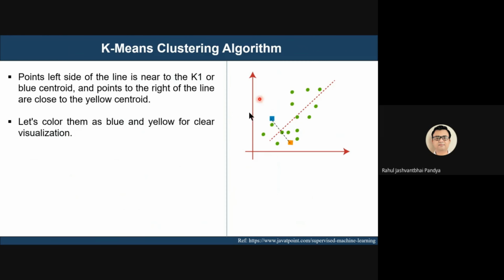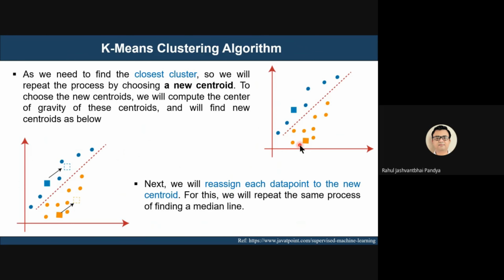Remember, we do not know the optimal centroid position yet, so we start with some initial position and then do multiple iterations. You can see the points on the left-hand side of the line are near this blue centroid, and these points are near the yellow centroid.